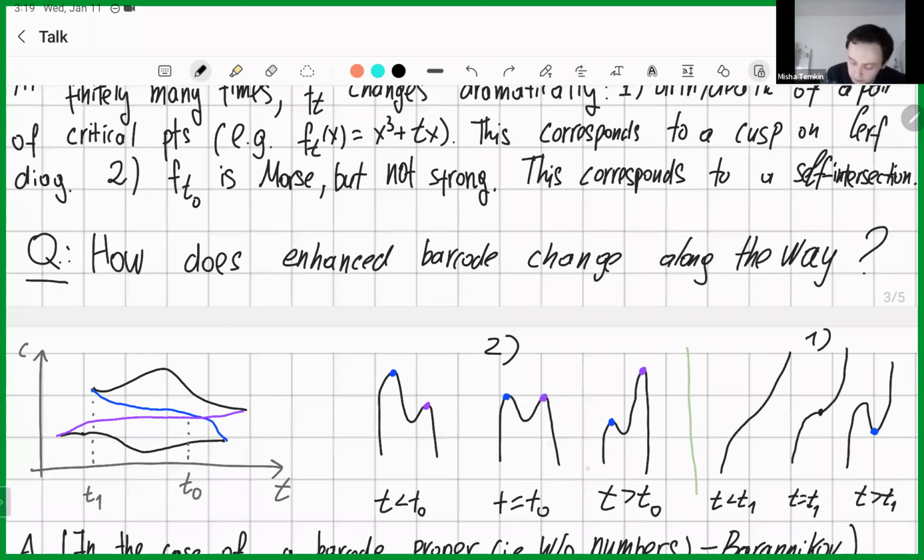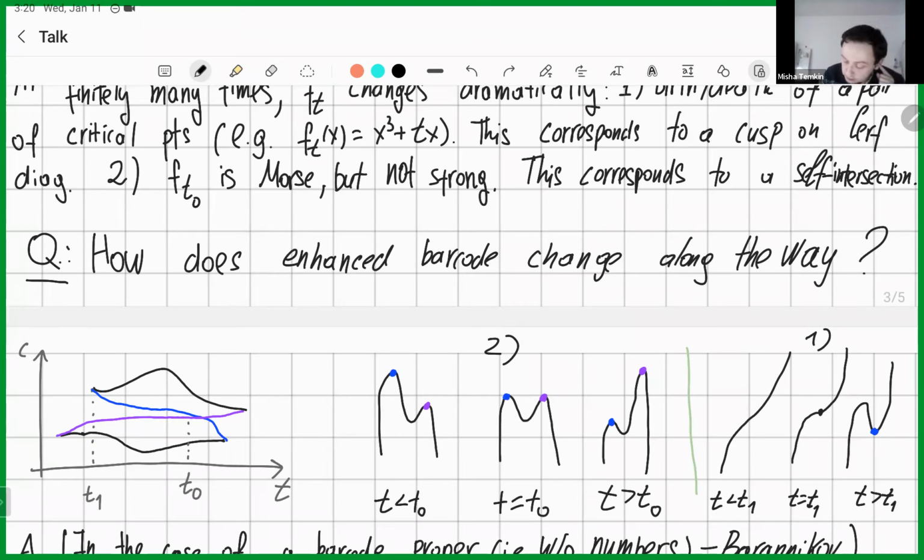So this is the picture of how the function changes. If t is less than t1, say, then there are no critical points, locally. Then at the point t1, the function is not Morse.